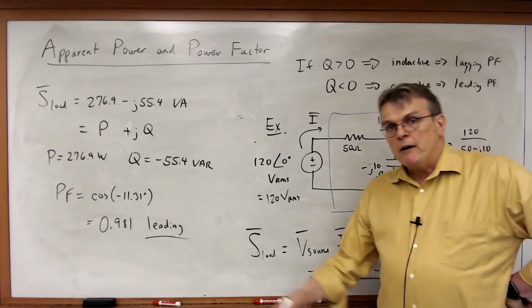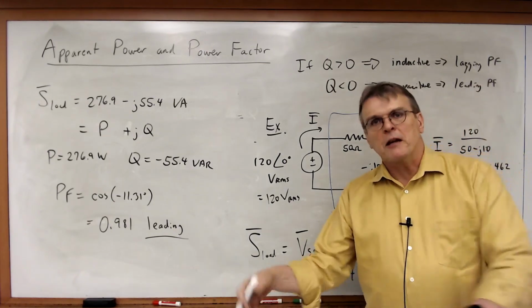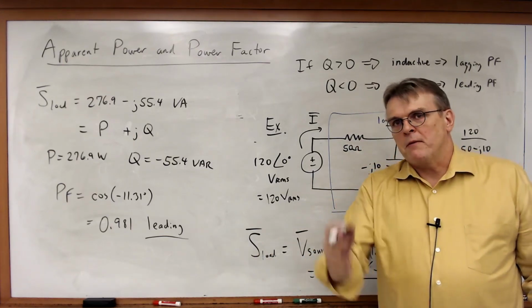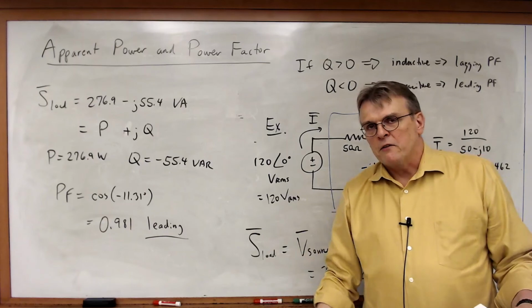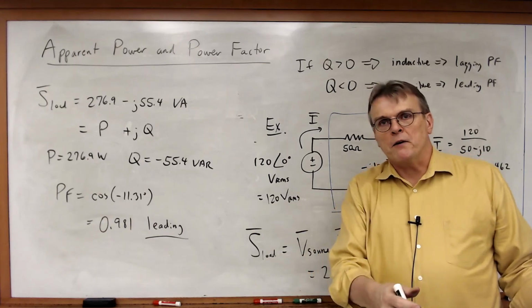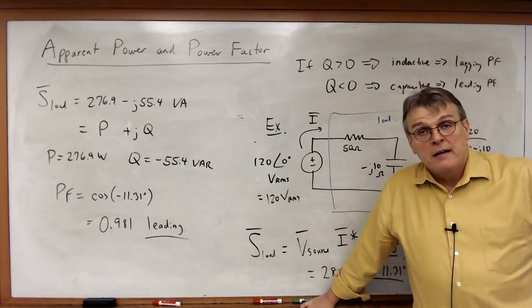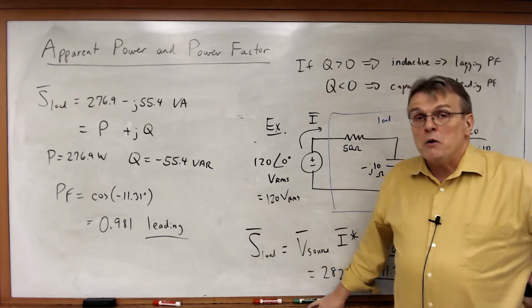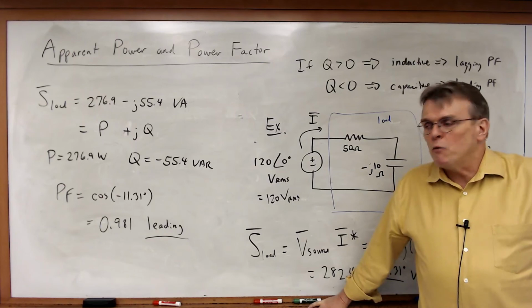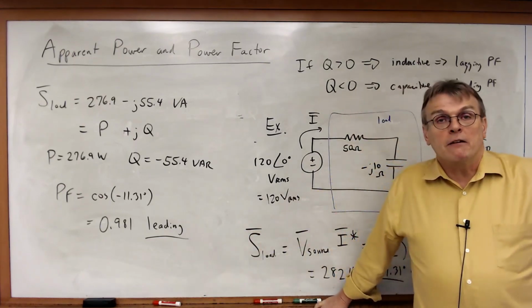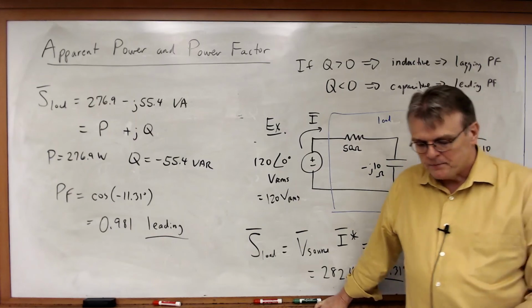You think about it, you're running your vacuum cleaner. There's an electric motor in there. Your home air conditioning system. There are fans running. There's a compressor running. Your refrigerator, another compressor. These are all mechanical devices that use motors. And so most big loads are going to be inductive with lagging power factor. Leading power factors are relatively rare. All right?